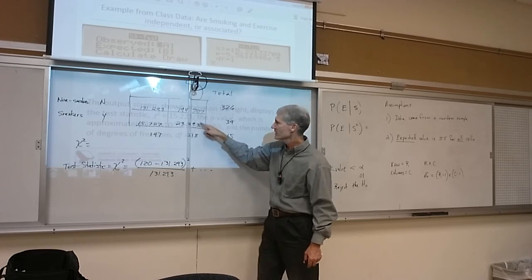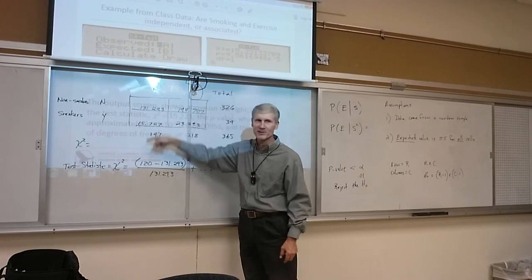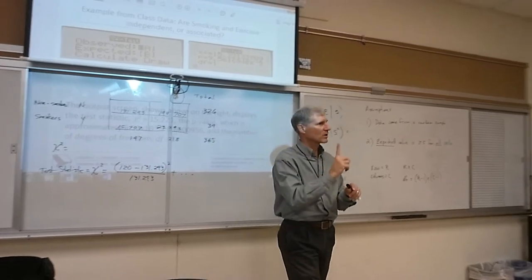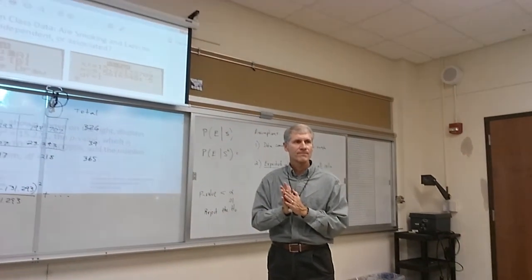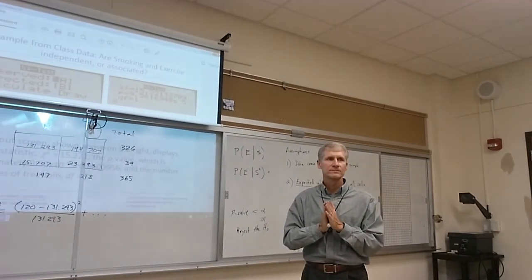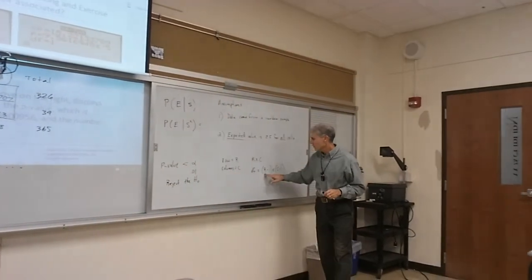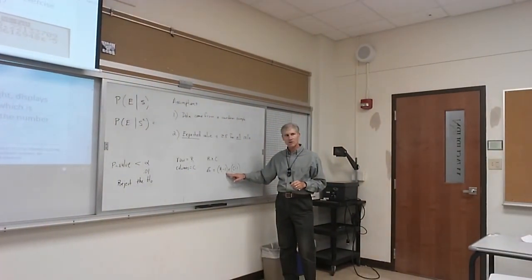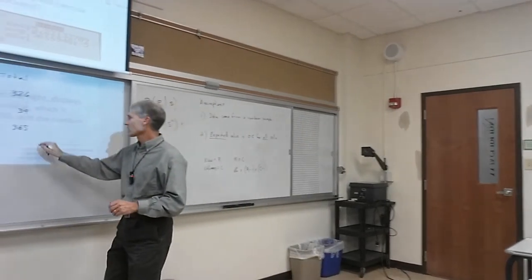And if you can get this one, then you can get this one by subtraction. And then when you got this one, you can get that one by subtraction. So you can get all the rest. There's 1 degree of freedom. So all contingency tables will have a degree of freedom of 1? No. If you have 2. All contingency tables have a degree of freedom of number of rows it has minus 1 times number of columns it has minus 1. Let me do a real quick illustration.